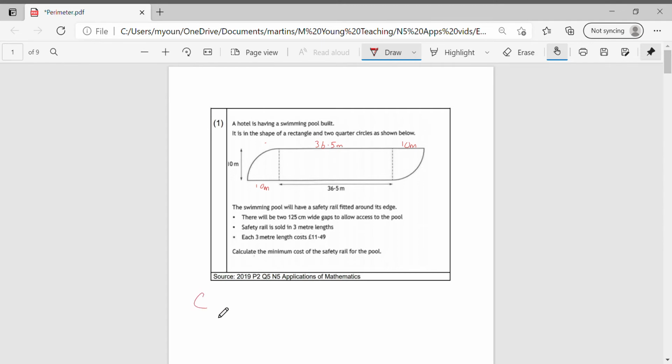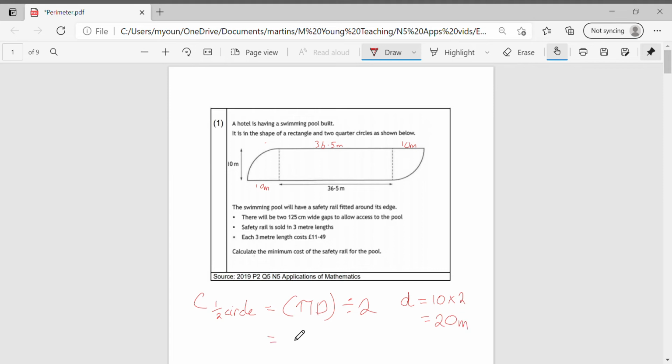Alright, so the circumference, for the half circle, is going to be pi times diameter, but then obviously I'm going to have to divide it by 2. In this question, the radius was given of 10, so the diameter is going to be 10 times 2, which is obviously 20 metres.